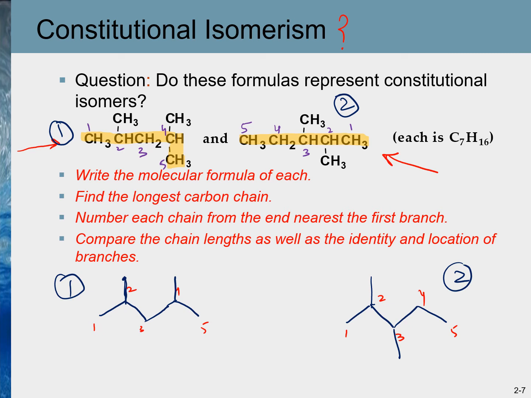If you count the number of carbons and hydrogens in both of these, the answer is the same. Each of those two compounds contains 7 carbons and 16 hydrogens. But if we compare their structures, we can clearly see that their structures are different.